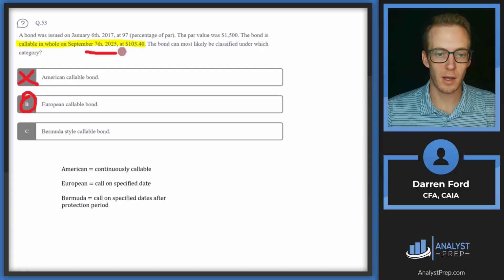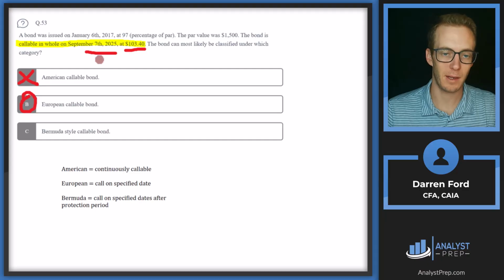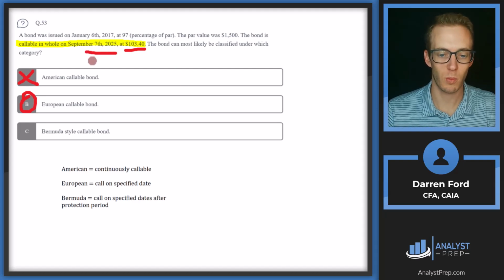Maybe the Bermuda bond might have this as a callable option, but then it might have another callable option 6 months later at the next coupon payment, and then again a year later at the next coupon payment. So Bermuda will be similar in that it has a specific date or dates that it can be called on, but it's going to have multiple, whereas a European is only going to have one. So we can go ahead and rule out Bermuda, confidently go with answer B here.